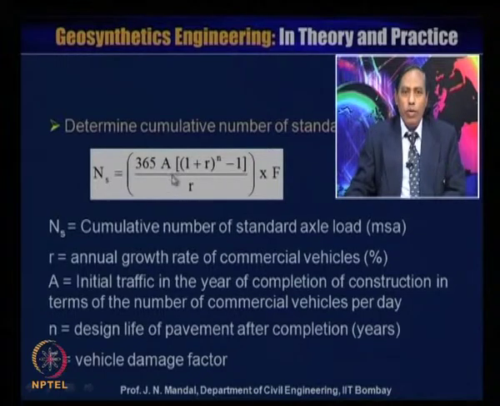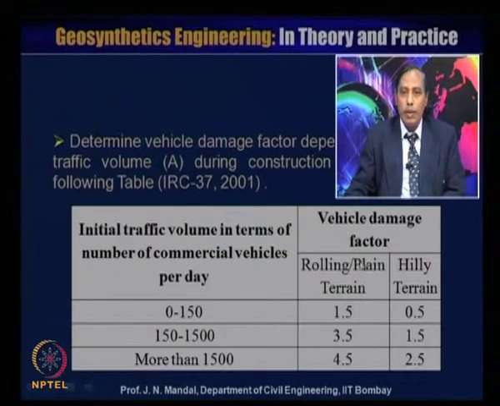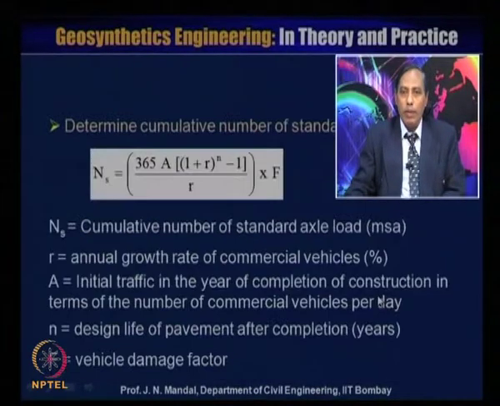A is the initial traffic in the year of completion of the construction in terms of commercial vehicles per day, R is the annual growth rate of commercial vehicles in percentage, N is the design life of the pavement after completion in years, and F is the vehicle damage factor. You can calculate the vehicle damage factor from the table depending upon the commercial vehicles per day passing.